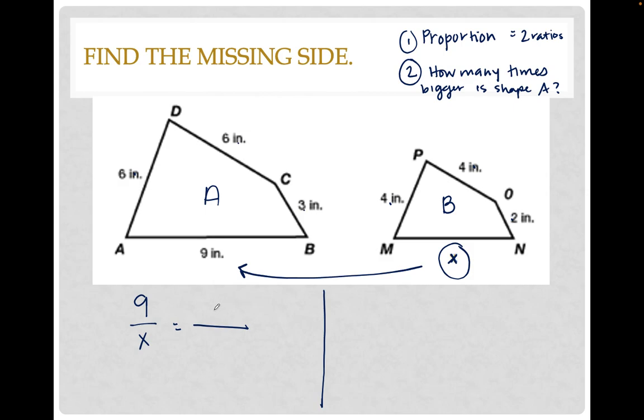It really does not matter, because you should get the same answer either way. So I'll show both. 6 over 4 is the same ratio as 3 over 2, it's just simplified. If you use either one of those proportions to solve, you should get an answer of x equals 6.